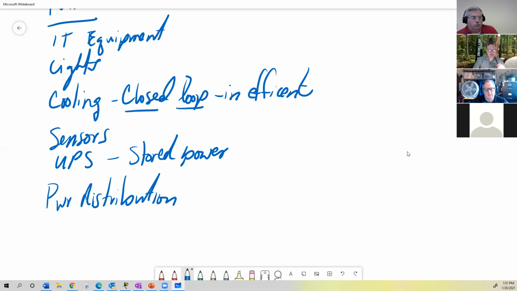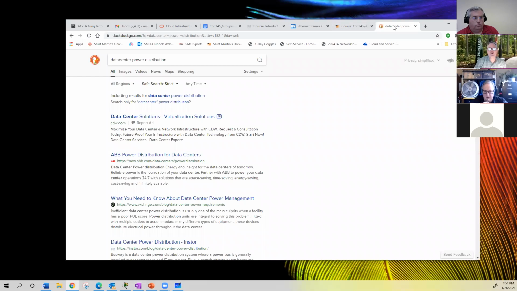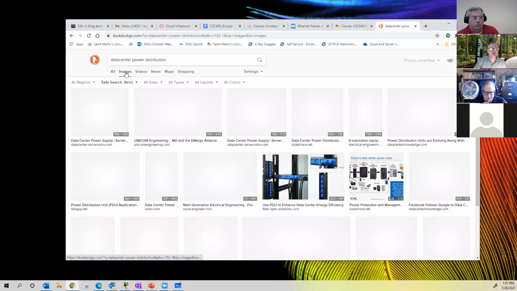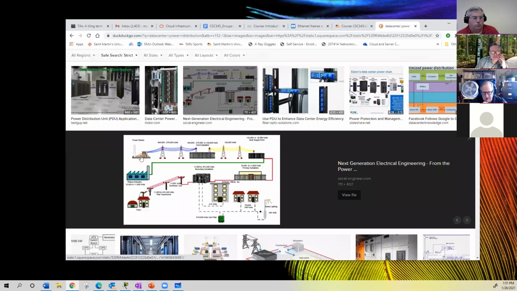Power distribution is coming in from the high tension power lines and breaking down those high voltages. It comes from the power station across high voltage lines at around 300 to 400,000 volts.